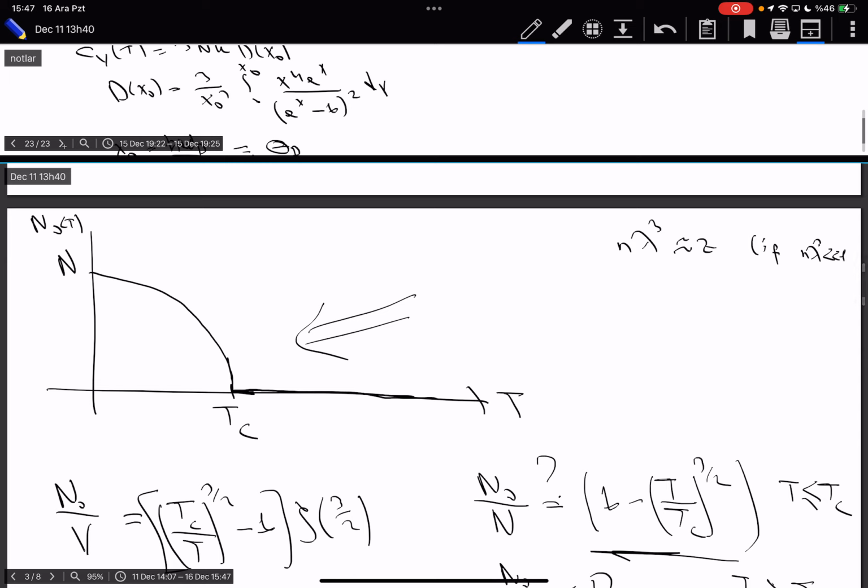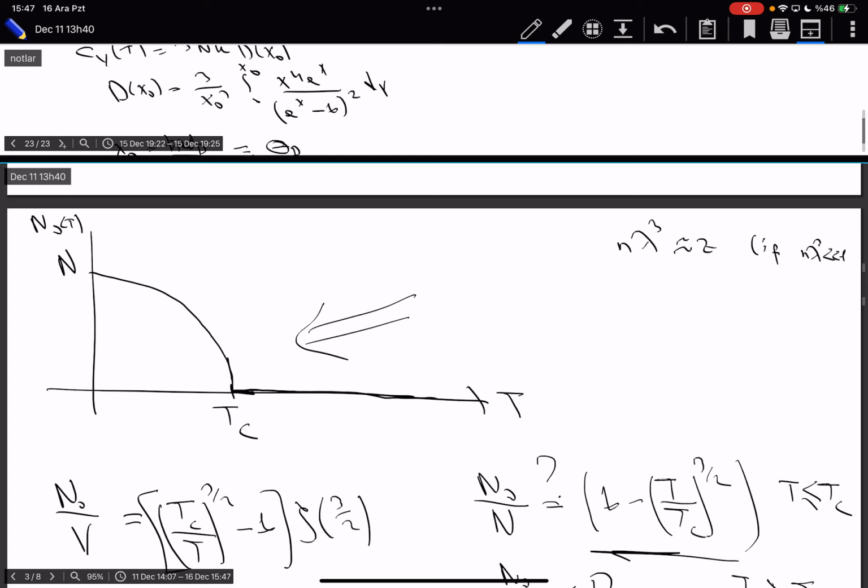One way of obtaining n lambda cubed much less than 1 is at high temperature. For a given n and v, there is a temperature above which this number is very small. So that is why we are saying high temperature limit.